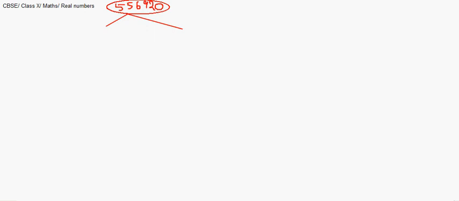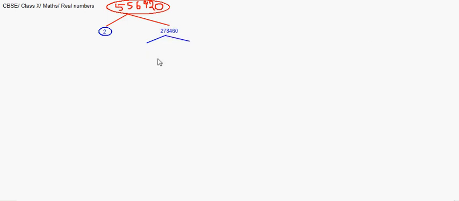I will take up the factor tree format. The first thing I see is that it is divisible by 2, and 2 is a prime number, so it is 2 into 278460.